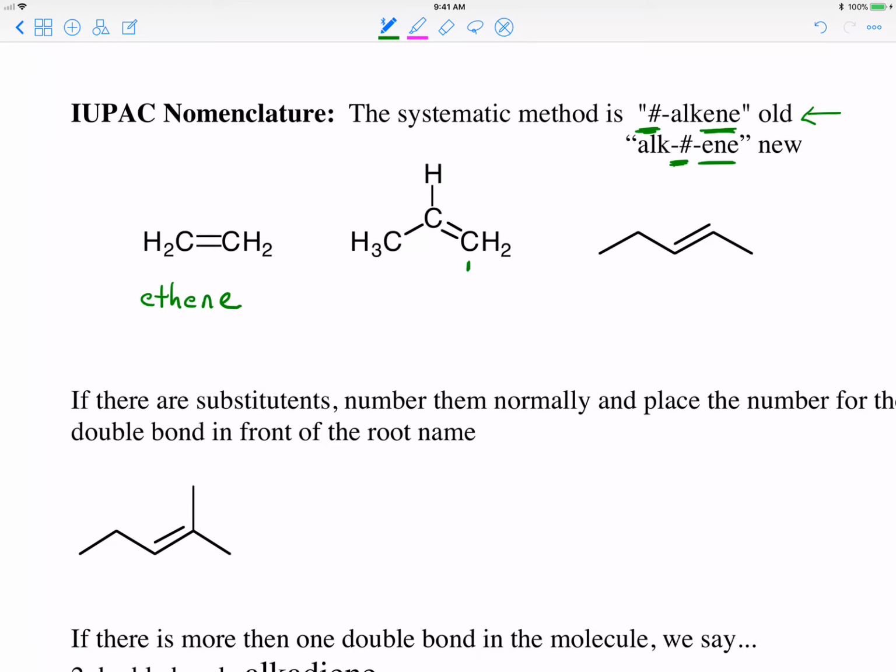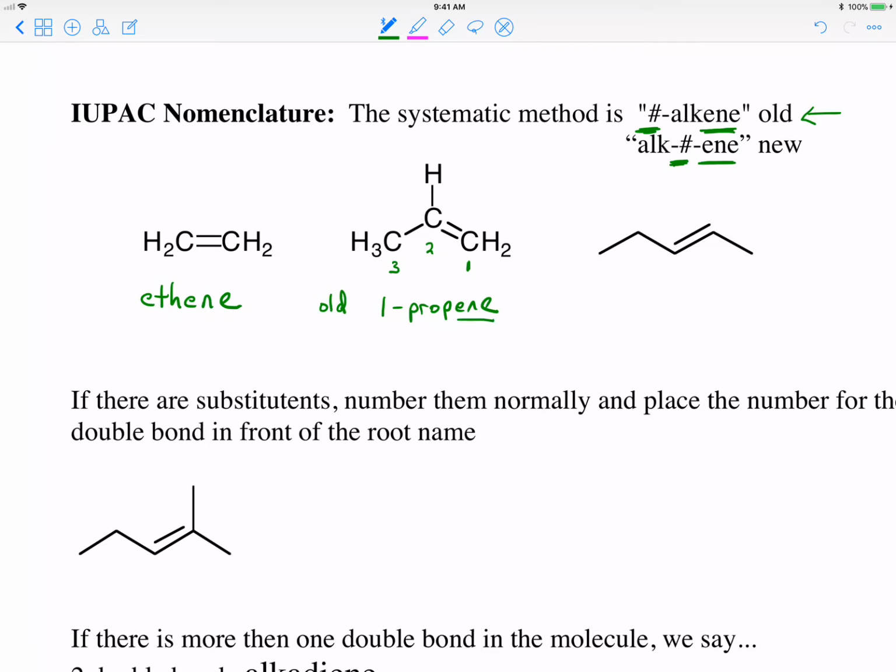So here, my longest carbon chain, of course, is 3 carbons, and I would number it from the end closest to the double bond. So this is going to be, and we'll do the old and the new way. The old way would be 1 hyphen, and propane would be 3 carbons if there was no double bond. Propene is if there is a double bond in there.